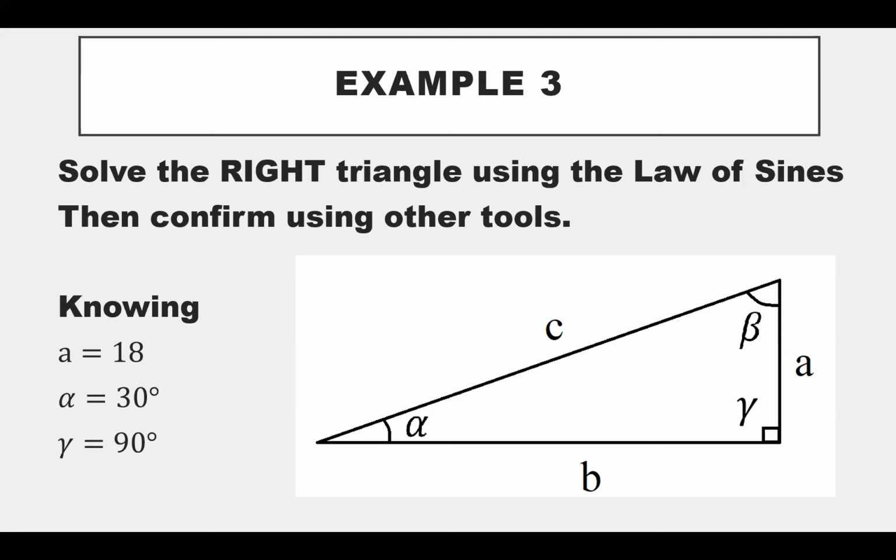Since gamma is 90 degrees, we're dealing with a right triangle. So we're solving a right triangle using the law of sines and the tools that we just looked at. If you want to do this on your own using the law of sines, you can push pause on the video. In a couple of seconds, I will show you how this is done.